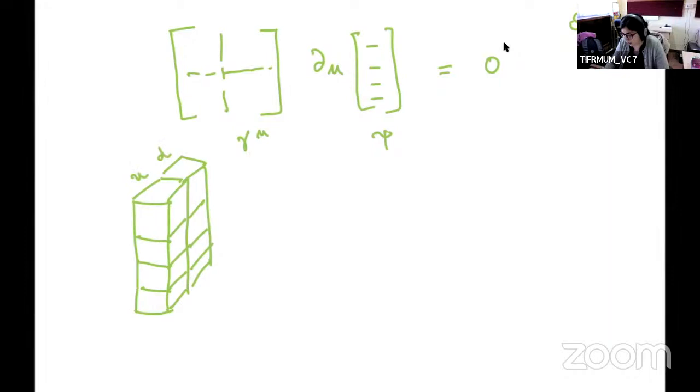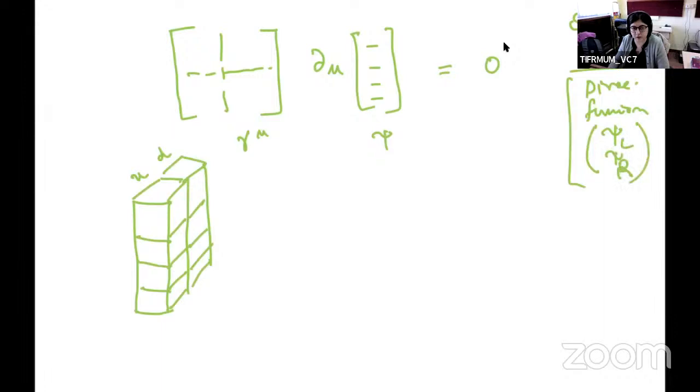So remember our normal Dirac fermion has psi L and psi R, right? This is not what I'm talking about. The psi L and psi R are here. Okay, so this is an internal degree of freedom that you can think of as a hidden dimension inside.